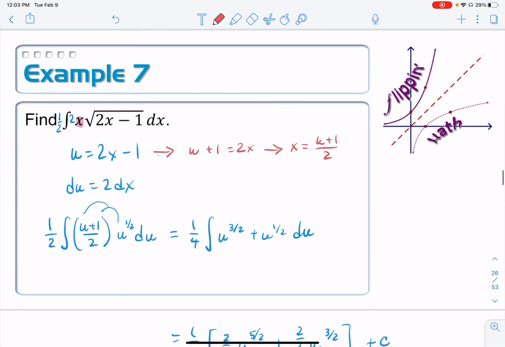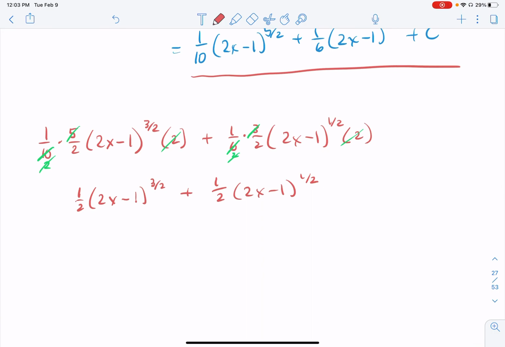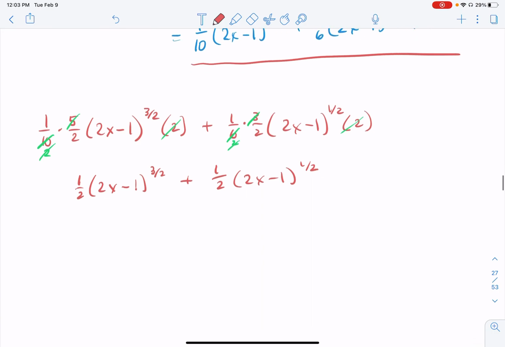I don't know. Well, can we factor this? Here, let's try to factor it. There is a common factor. We have a 1/2 common to both of them, and then we have a factor of 2x minus 1 common to both of them. And remember that when you're doing this fancy factoring technique, you always take out the lowest power, which is going to be to the 1/2.